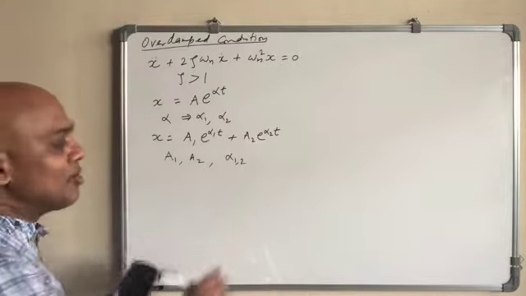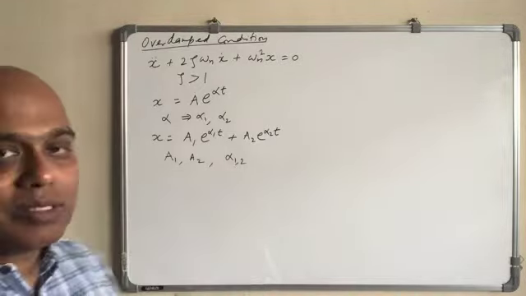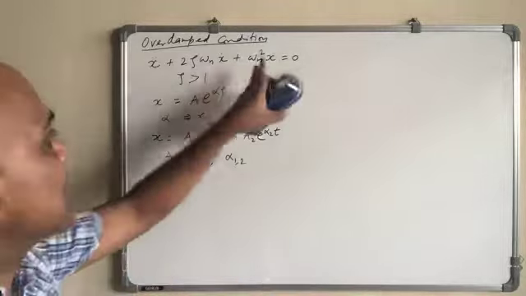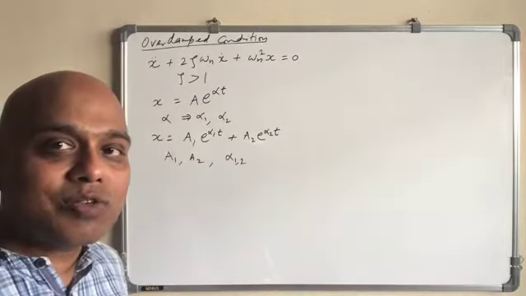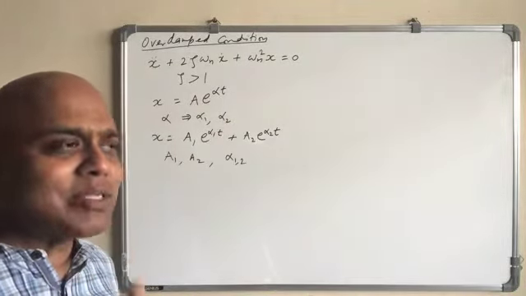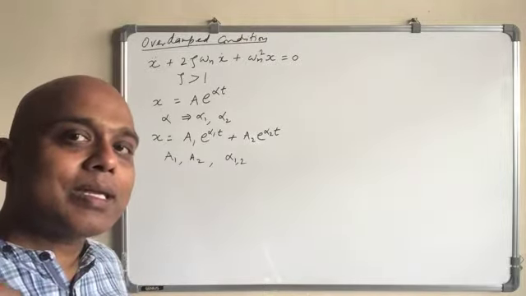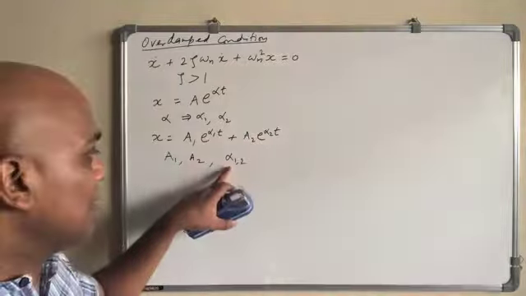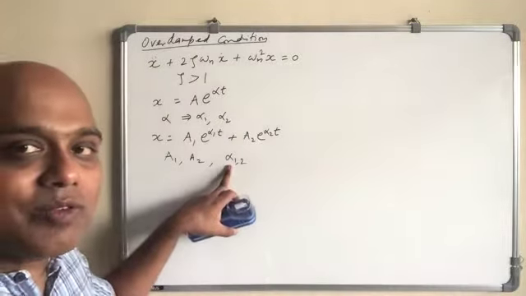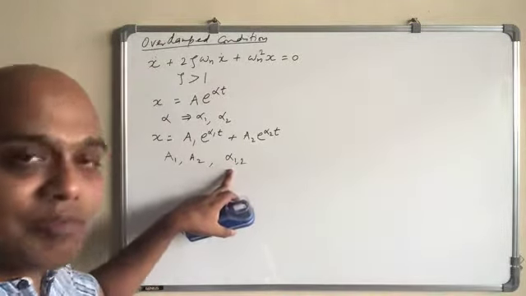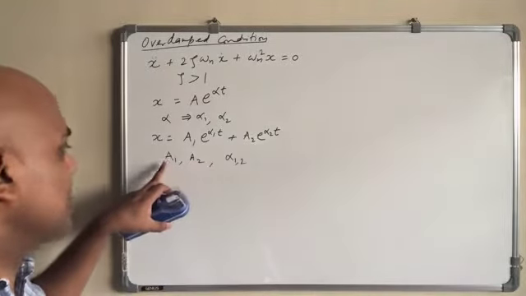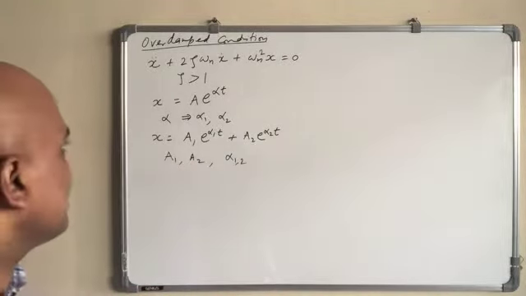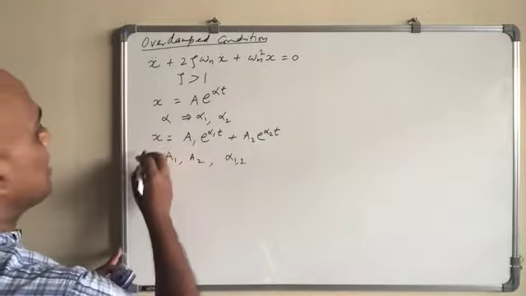Alpha 1, 2 are known together because this becomes a quadratic equation, and a quadratic equation is only one equation, but it gives 2 values for alpha. So for finding alpha 1 and alpha 2 you need only one equation, and one each for a1 and a2. So a total of 3 equations are needed.